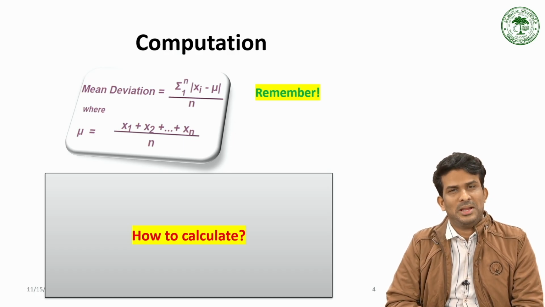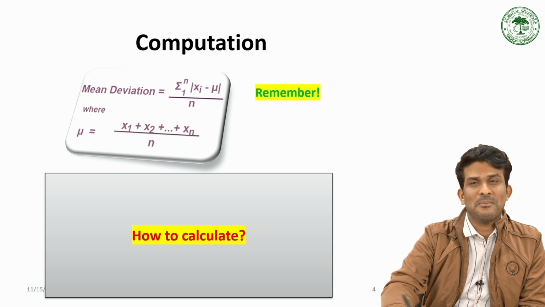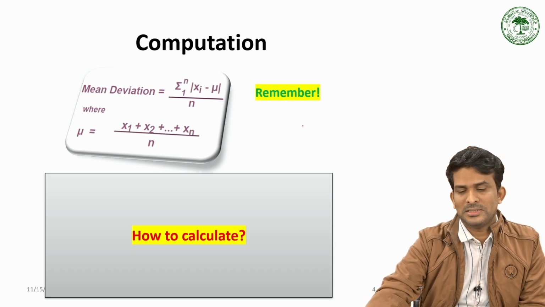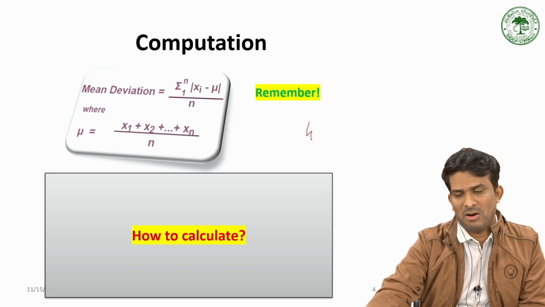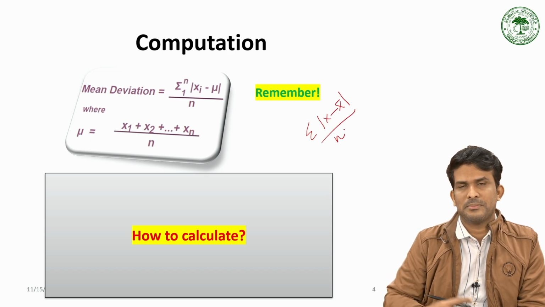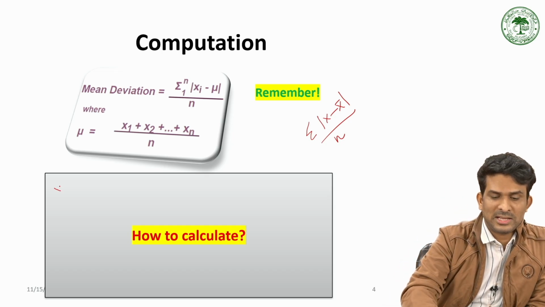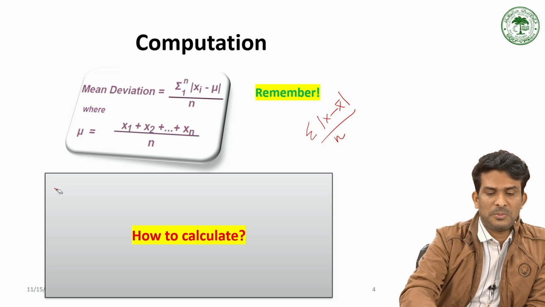How to calculate average deviation? See the formula and remember it: sigma of modulus x minus x bar upon n. What are the requirements here? First column you will have x. How will you find the x bar?